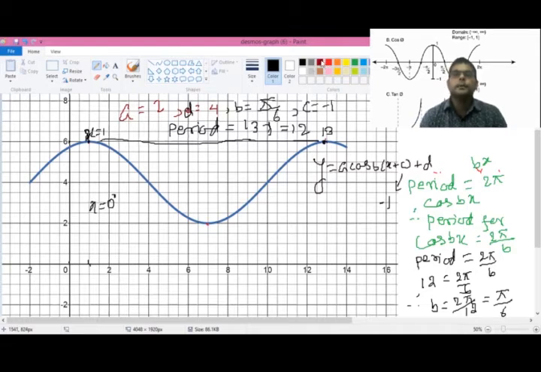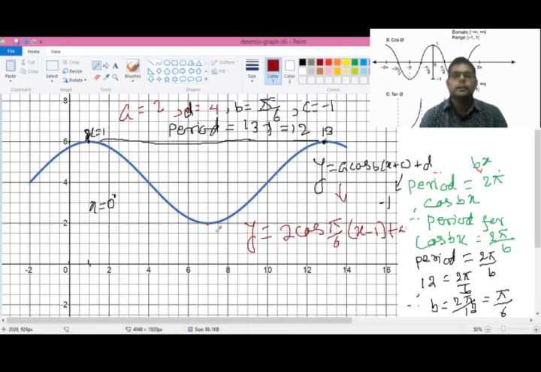So this equation will now become y equals a, value is 2, cos b value is pi by 6, in the bracket x, and c value is -1, and plus d value, which is 4.